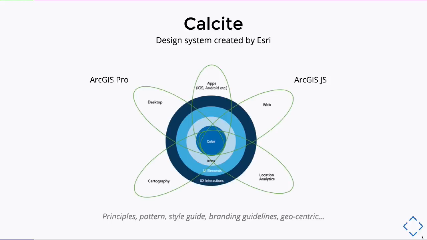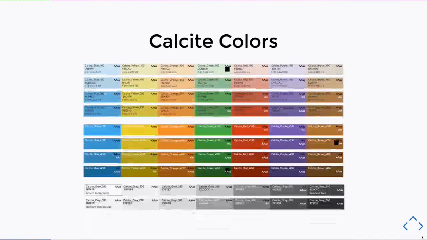Then there are some web products that are starting to adopt Calcite and have adopted it so far. The ArcGIS 4X API has adopted Calcite as well. And then there's other projects out there too, location analytics and specific cartography projects that are basing their entire design around Calcite. So it's something specific to Esri, but there's a lot of pieces here that could help you out, that's for sure.